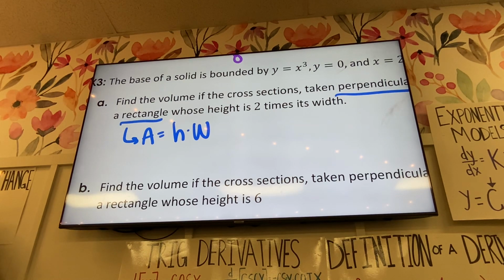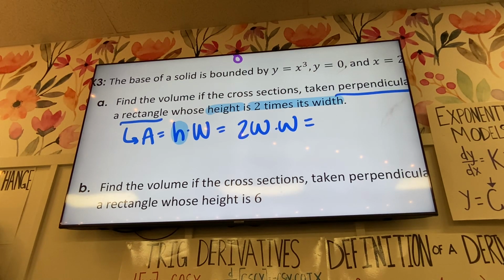Now, no matter what, if you have an area equation, it has to be in terms of one variable. So before you even start messing with your graph, get this area equation so it has one variable, because otherwise you can't do anything. So what else do I know about this that's going to help me write this in terms of one variable? The height is double the width, so it's 2W. Yes. So the height is 2 times the width. So in place of h, I'm going to put 2w.